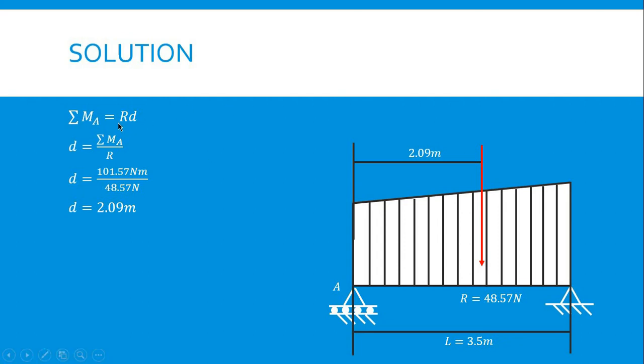Summation of moments at A is equal to R times D to get the distance. By revising the formula, D is equal to summation of moments at A all over R. In substituting the answers earlier, 101.57 Newton meter divided by 48.57 Newton, we will get an answer of 2.09 meter.